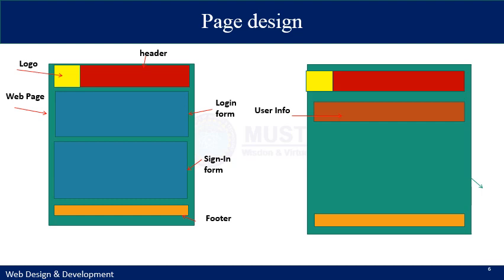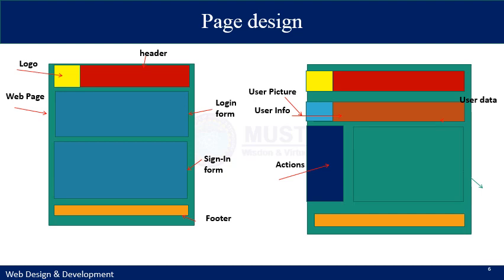Similarly, for the user information page, you can add a horizontal bar or division for the user information with the user's picture and data, and then you can define a navigation bar presented in dark blue color, which will contain actions such as creating a message, inbox or outbox options, and then create a larger block for viewing information such as received messages or composing a message.